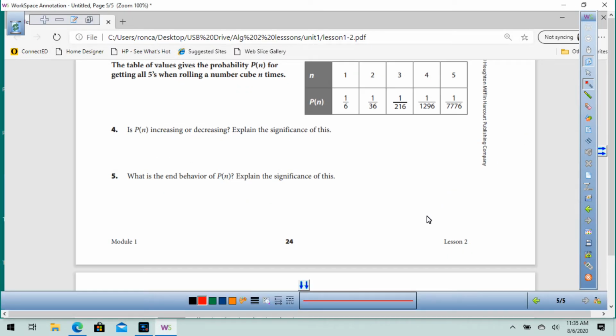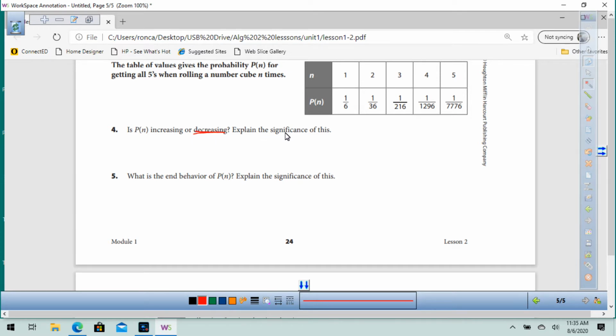Is P of n increasing or decreasing? Well, it starts out as 1/6, then it goes to 1/36, and then 1/216, 1/1296. I'd say it's decreasing.